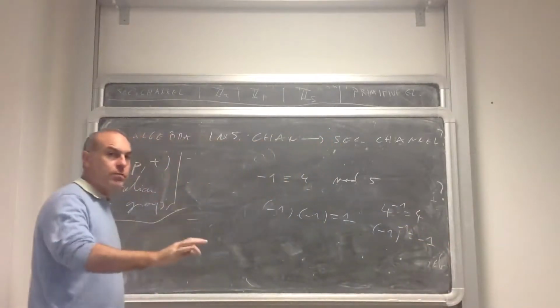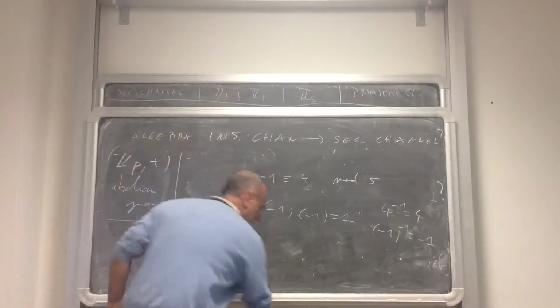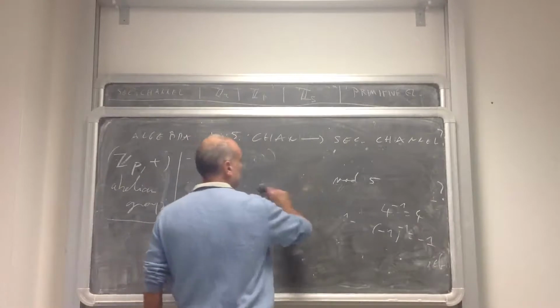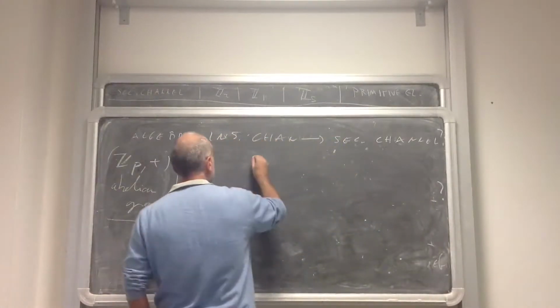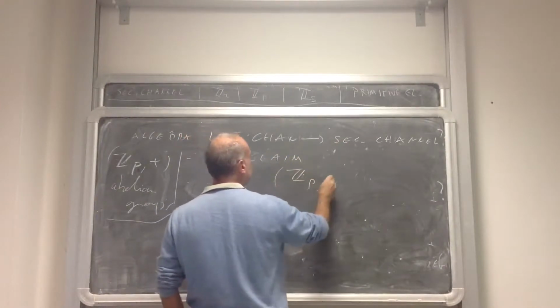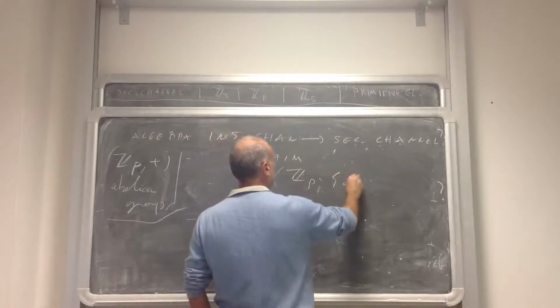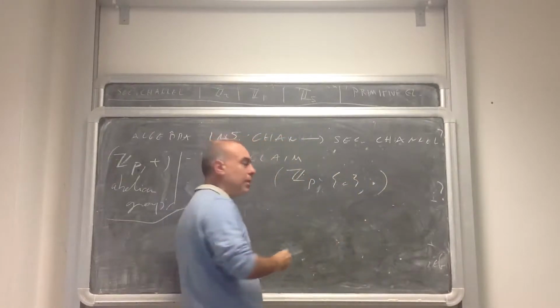Okay, this is true for Z5. This is also true for Zp, with p a prime. So we proved it with Z5, and we claim that Zp minus 0 with the multiplication is an abelian group.